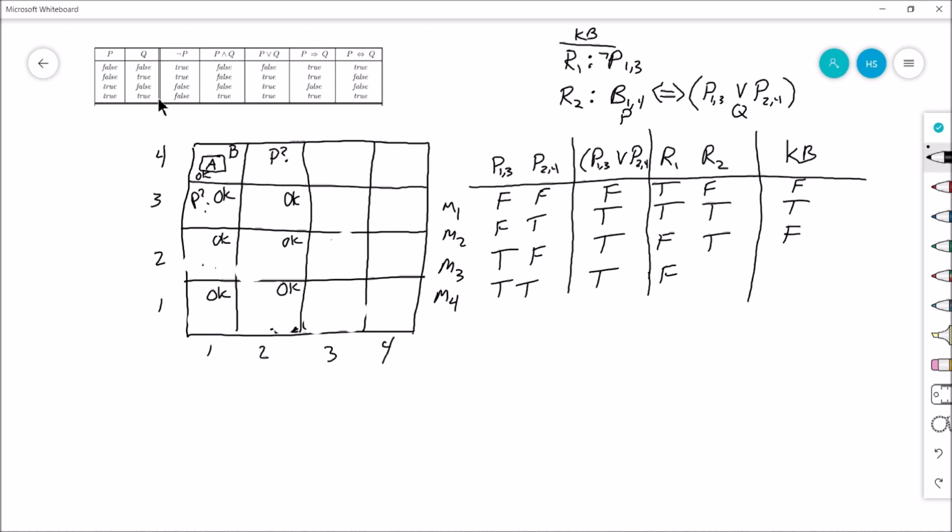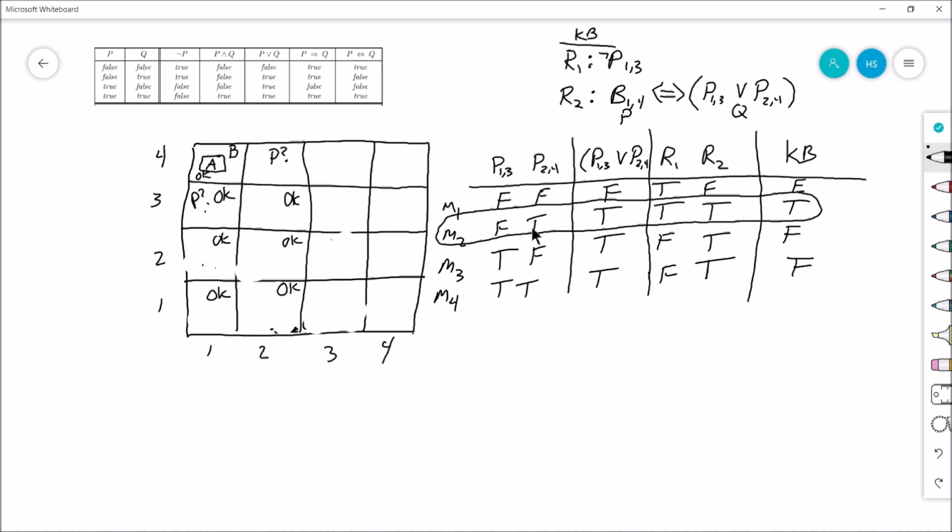True, if and only if true, is true. So that is satisfied, but the knowledge base itself is not true. It's false.